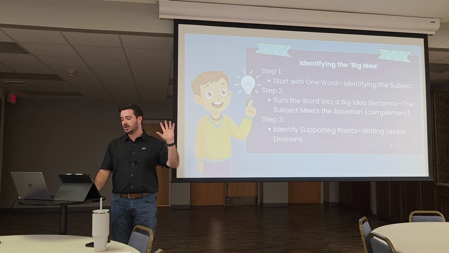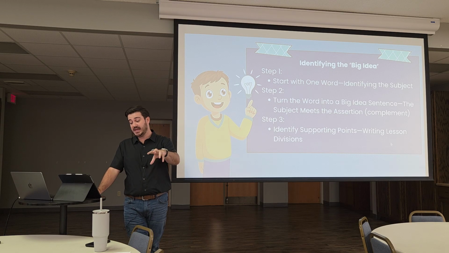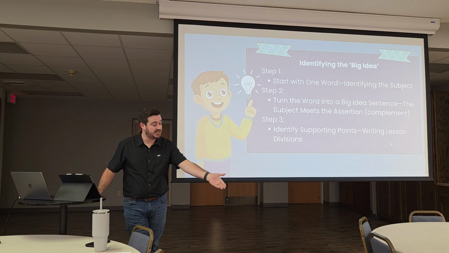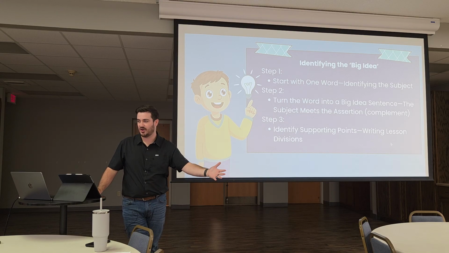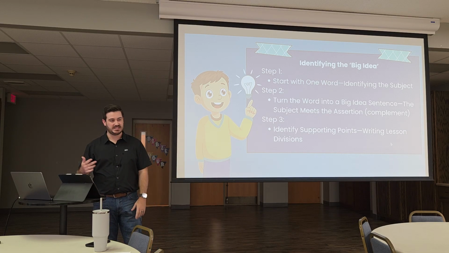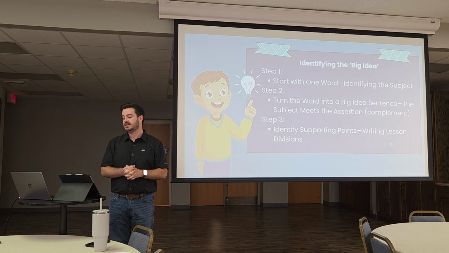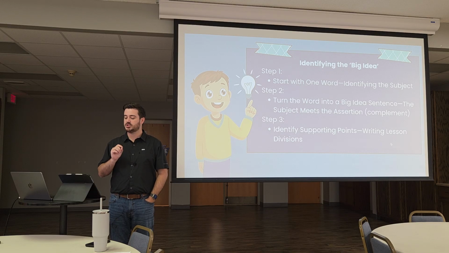My word is brokenhearted in Nehemiah chapter 1. But the thing being said about Nehemiah's broken heart is that he's brokenhearted because of sin. It's not just any kind of brokenheartedness; his heart is broken specifically because of sin. So the big idea sentence, combining these two things, is: a heart that is broken because of sin is fertile soil for God to work with.